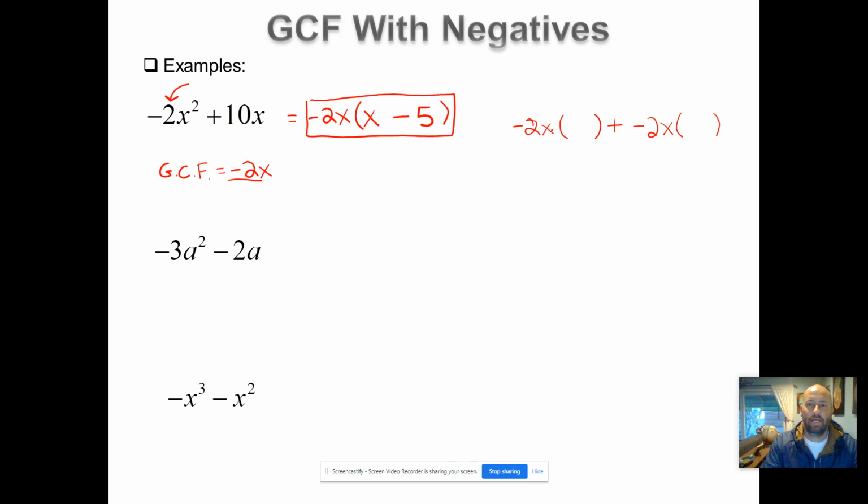Negative 2x times x is going to give me negative 2x squared, and negative 2x times negative 5 is going to give me positive 10x. These share negative 2x, so really it's negative 2x times x minus 5. That's just another method of factoring out the GCF.